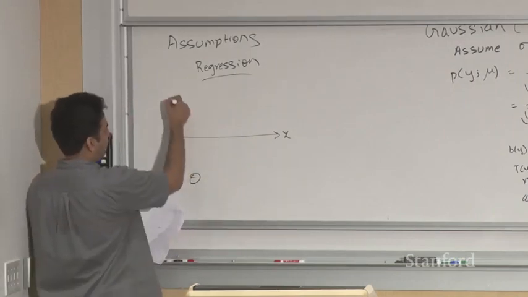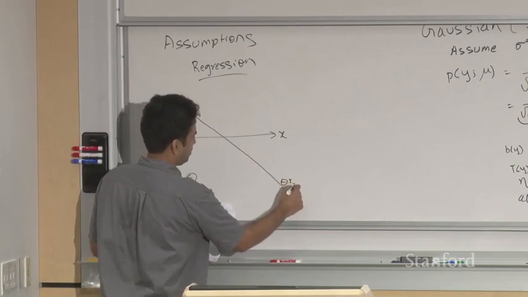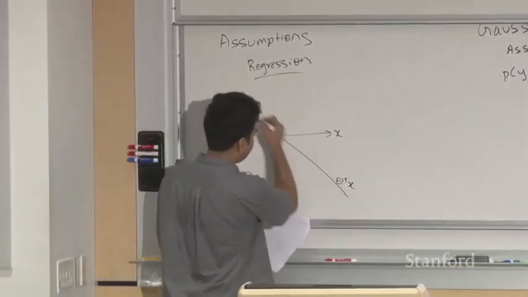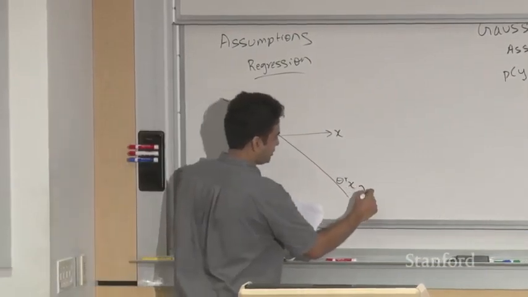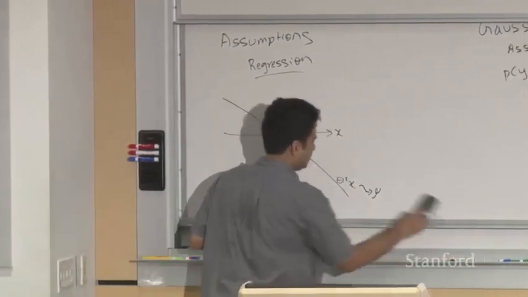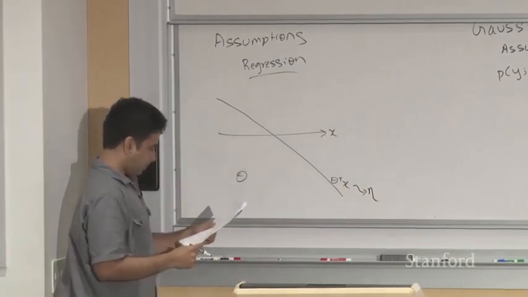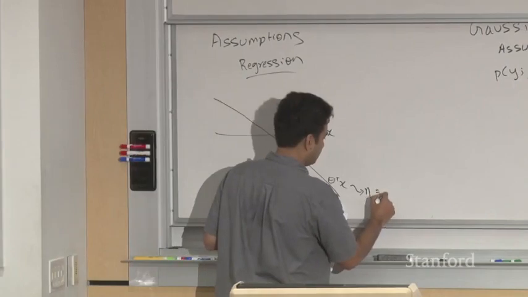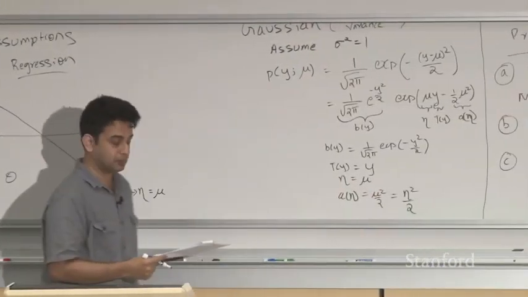And theta transpose x would be some linear hyperplane, and this we assume is eta. And in the case of regression, eta was also mu. So eta was also mu.